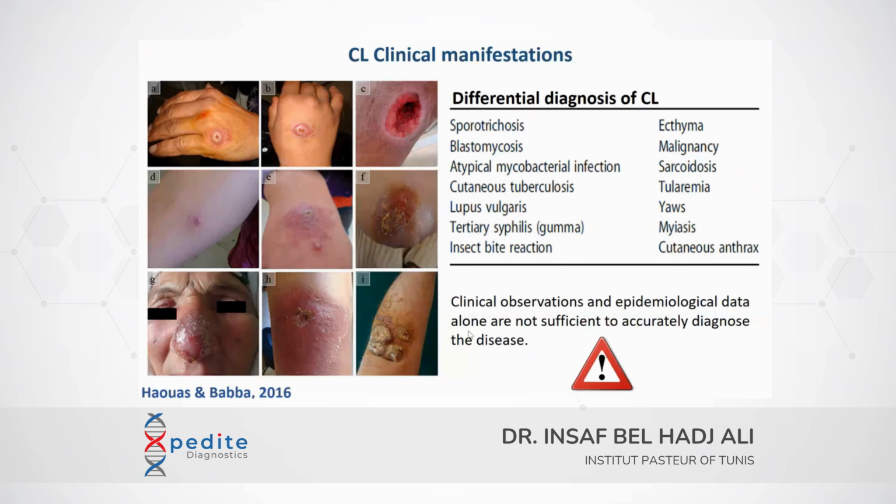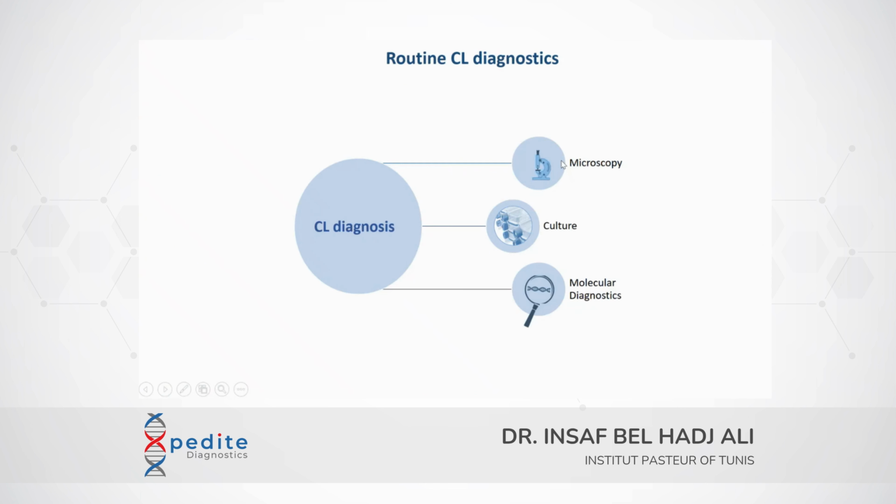Routinely, the diagnosis of CL is done by microscopy. That could also be complemented by culture, but these two techniques are laborious and time-consuming. They lack sensitivity, and they are not able to identify Leishmania species, as all the species have the same morphology.